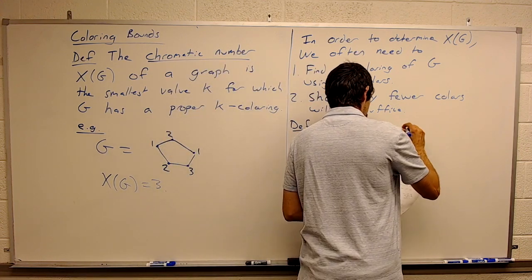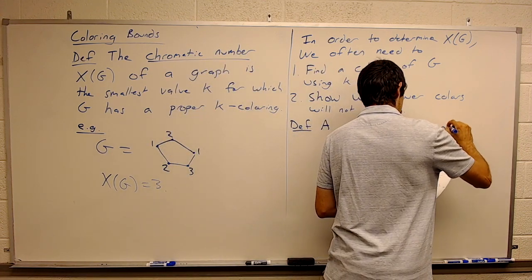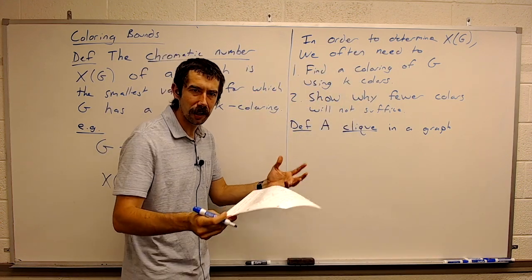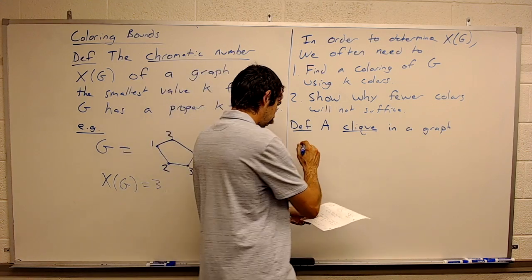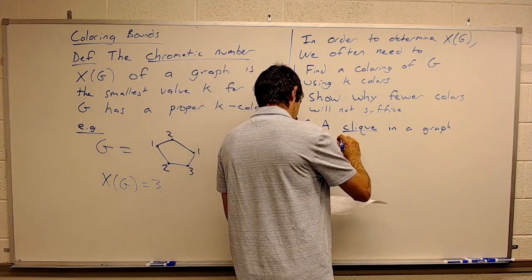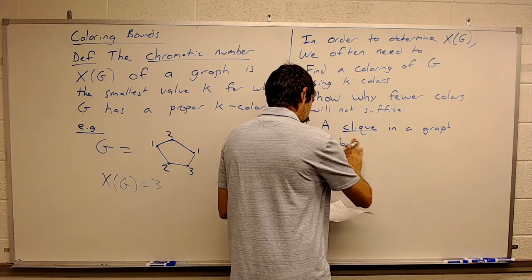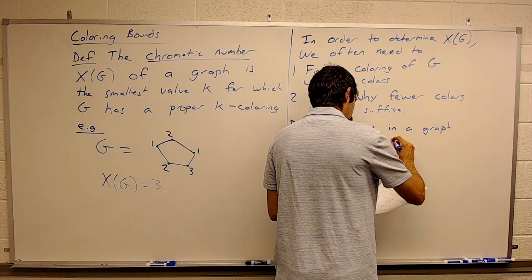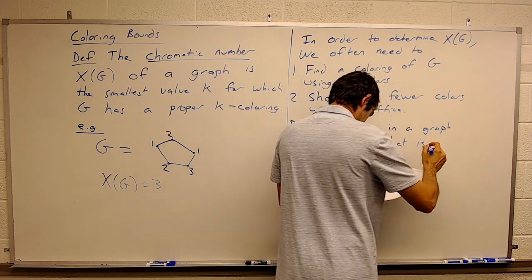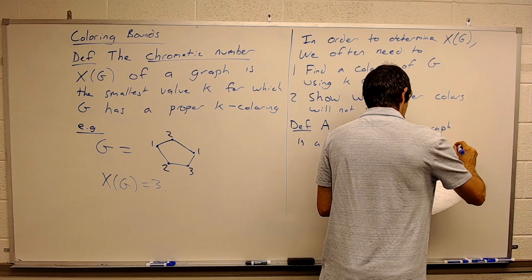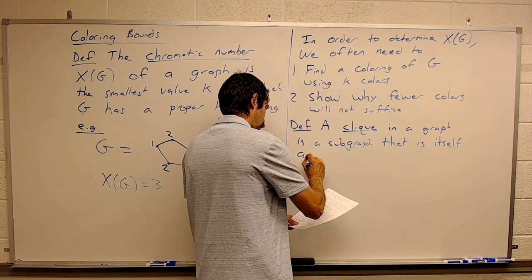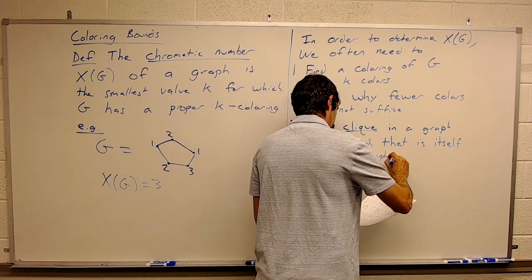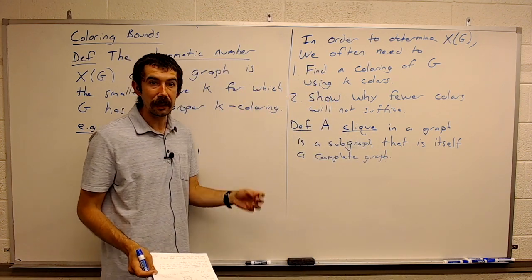In a graph, a clique is a subgraph, so it's just some subset of the graph, that is itself a complete graph.